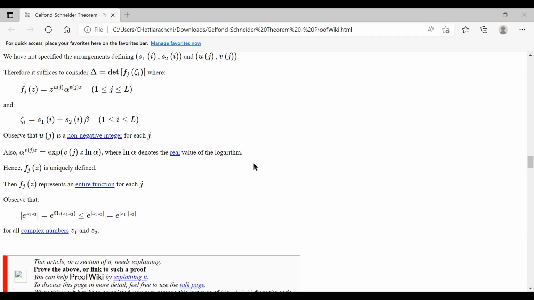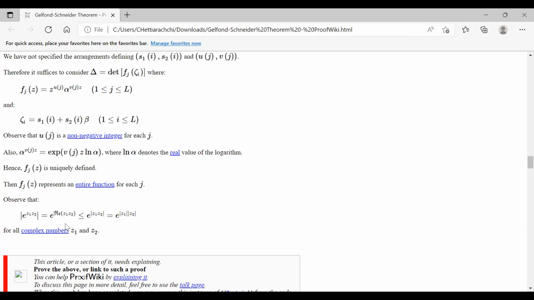Because of that, Fj(z) is uniquely defined. It's a single valued function. So Fj(z) represents an entire function for each j. We know exponential functions are entire, and the product of two entire functions will be entire.